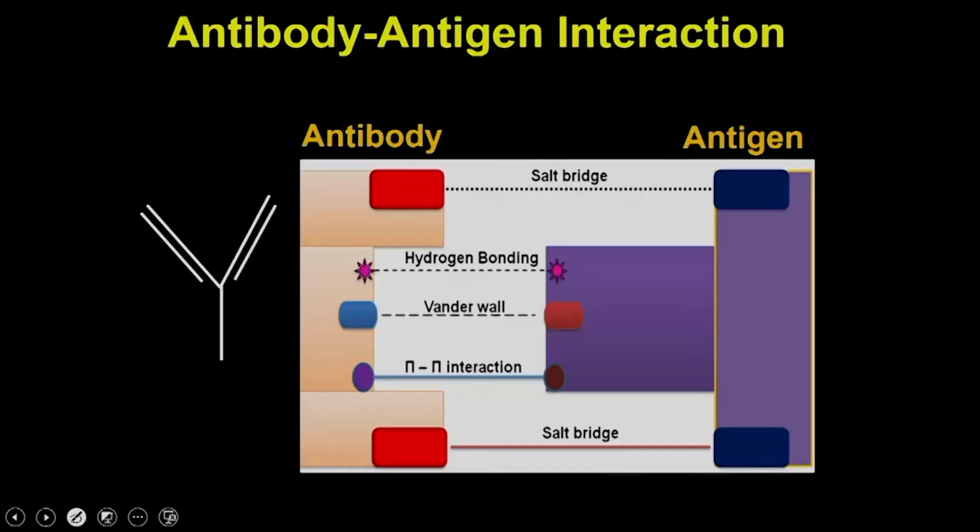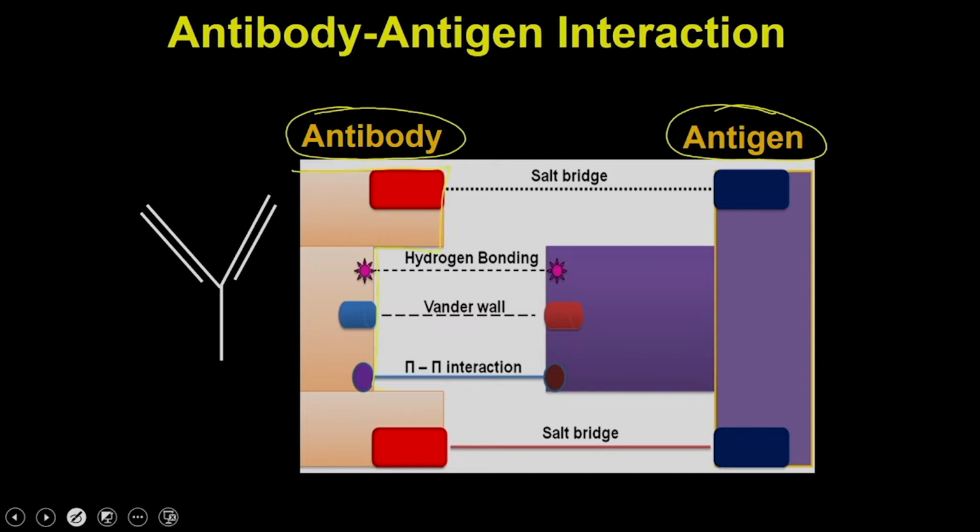Now, let us see how and why it has these exclusive interactions or exclusive specificity, because the antigen is made up of a 3-dimensional structure.